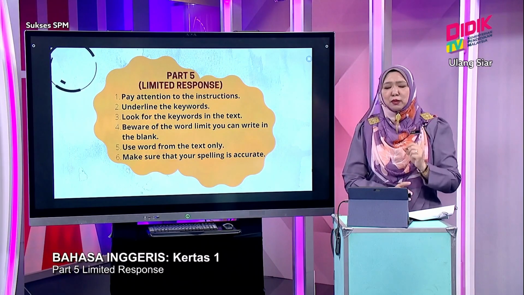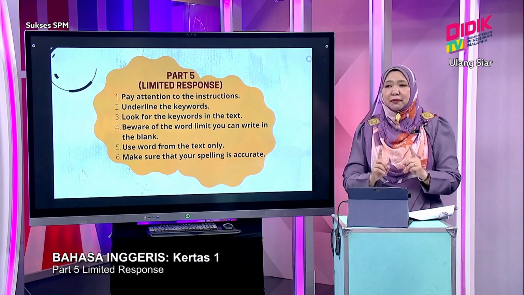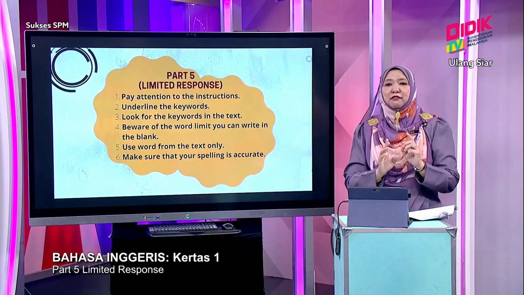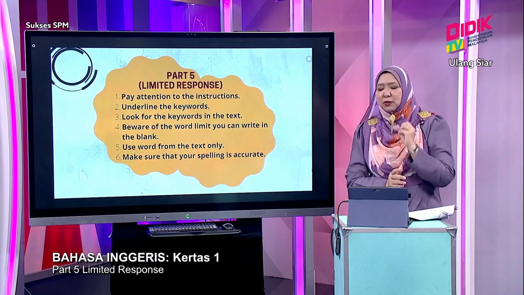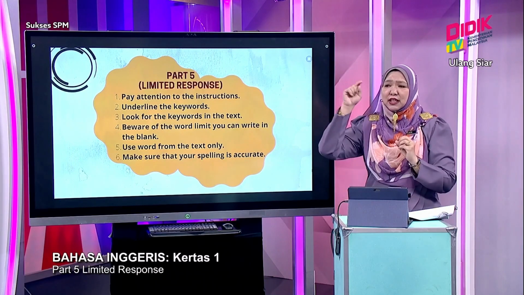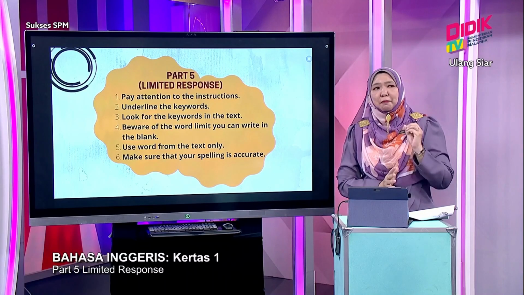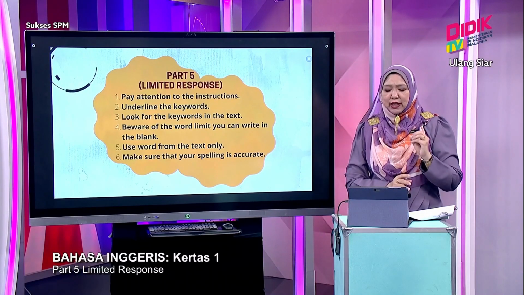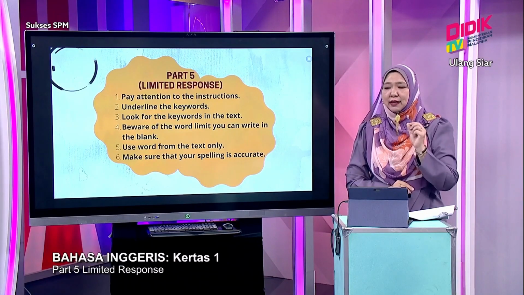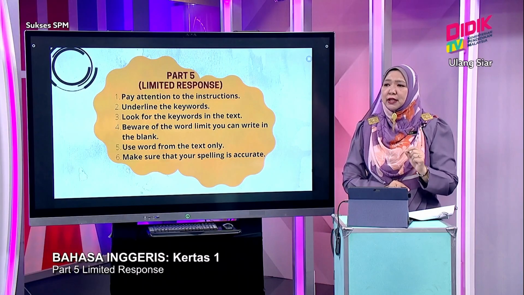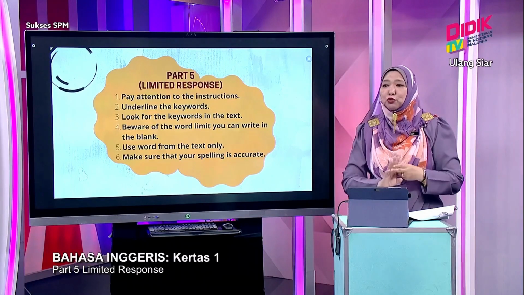When you are looking at the instruction, underline the keywords. Remember, keywords or clues are very, very important here. Look for keywords not only in the question itself, but also in the text. Beware of the word limit you can write in the blank. This is very important because there is a word limit, especially in Task 2, questions 37 to 40.